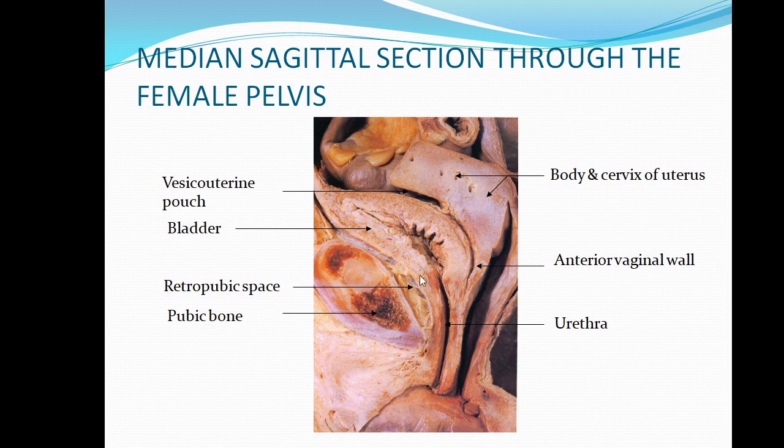Anteriorly, this is the pubic symphysis, the pubic bone, and between the urinary bladder and the pubic bone there is the retropubic space, which is filled with loose connective tissue and fat.